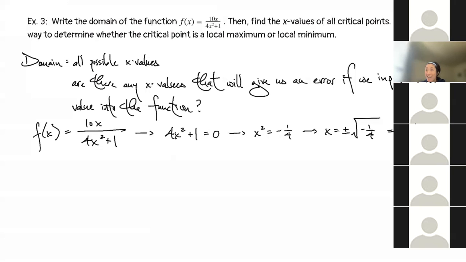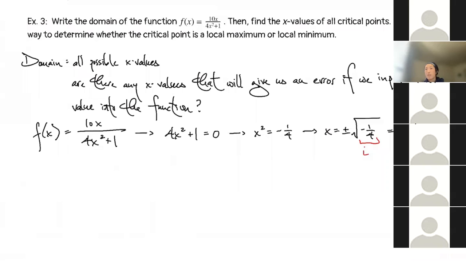All right, this right here, folks, is an imaginary number, right? This is why we have to be so careful about our signs. This part right here means that we're dealing with imaginary numbers. Now, when we're thinking about domain and range, we're looking at real numbers, not imaginary numbers.